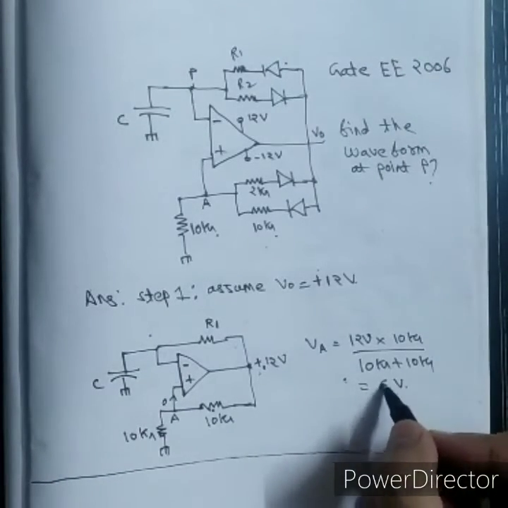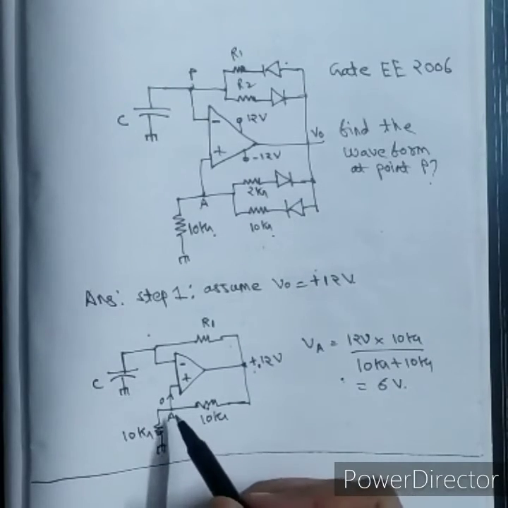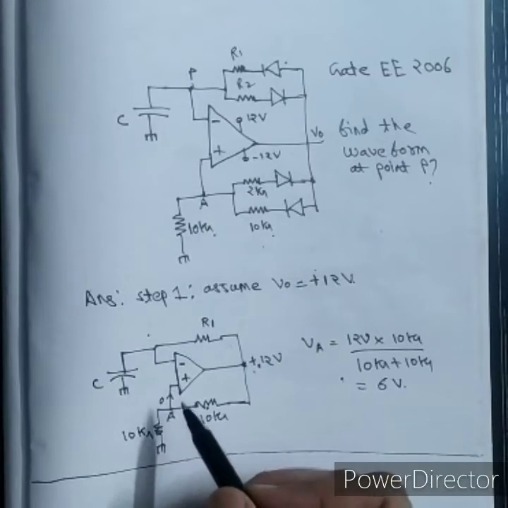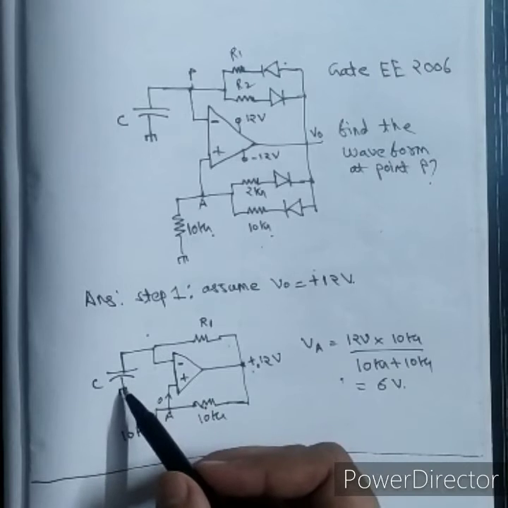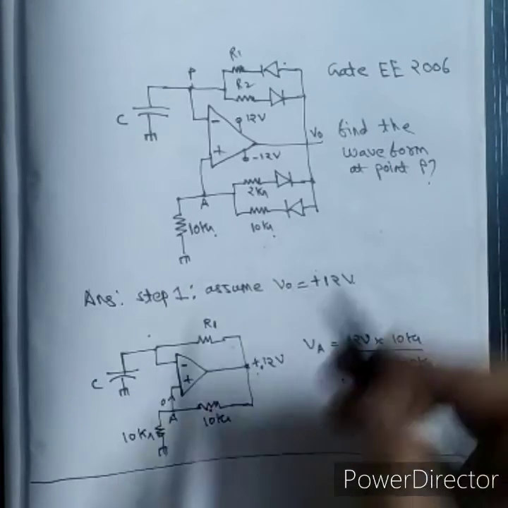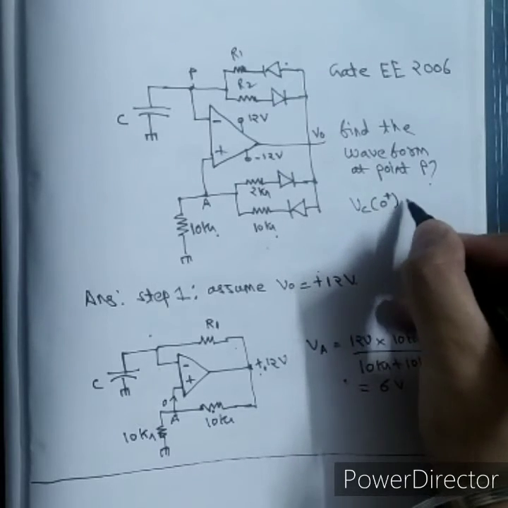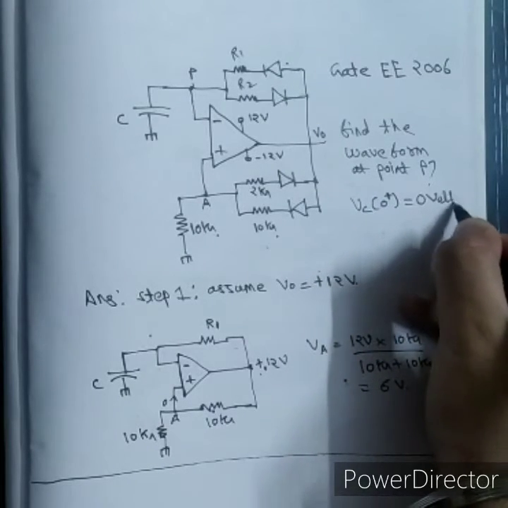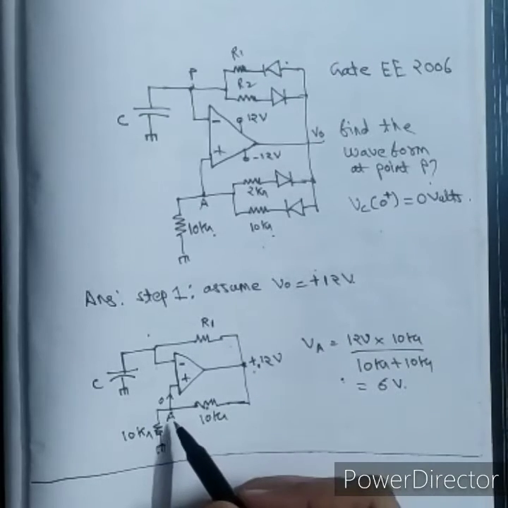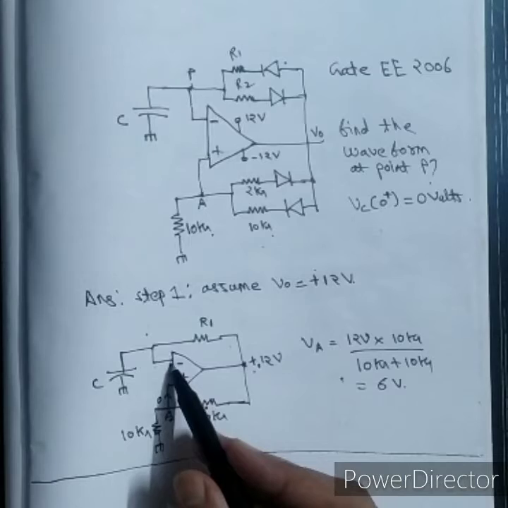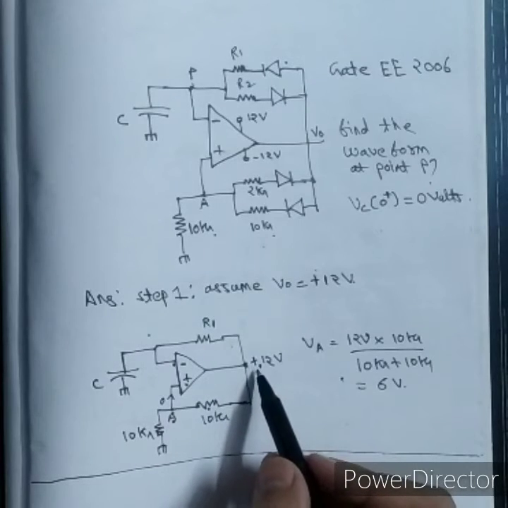Now see, this potential becomes 6 volt and initially the capacitor was charged at 0, so the initial voltage of the capacitor is 0 volts. Now when this voltage is at 6 volt, positive is more than negative, so the output will remain at 12 volt.